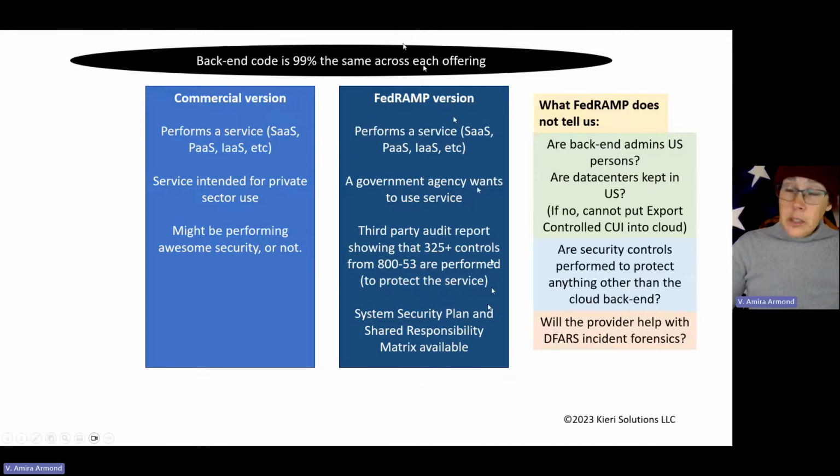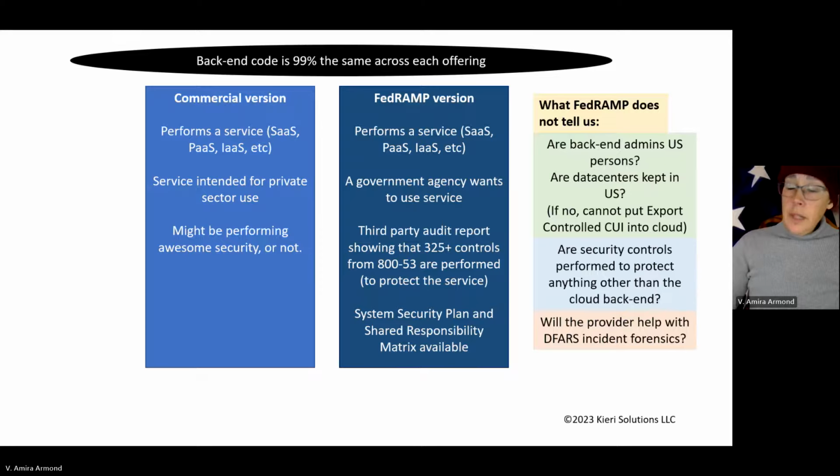And FedRAMP doesn't actually necessarily tell us that, at least at the FedRAMP moderate level. You have to verify that on a per cloud basis, right? So, hey, Google, is your data center in the US? Do you store data in other countries, right? Is there any way that a non-US citizen could get access to it from the back end?